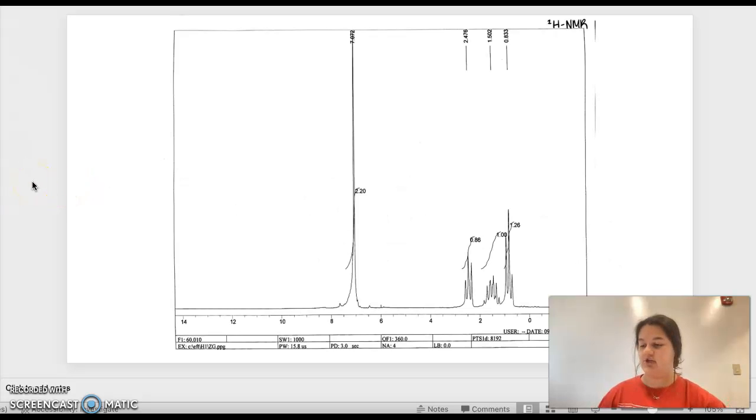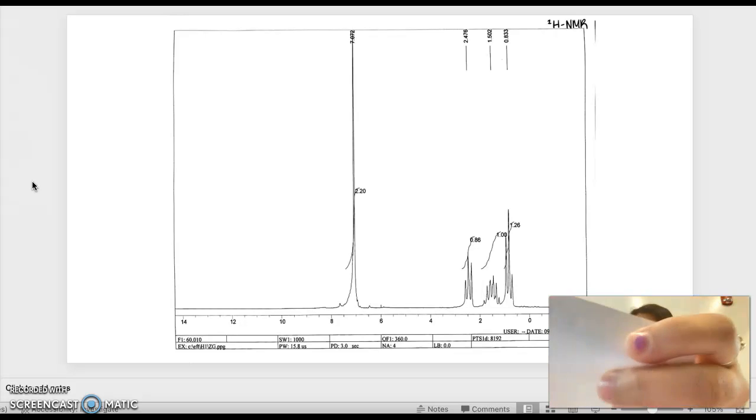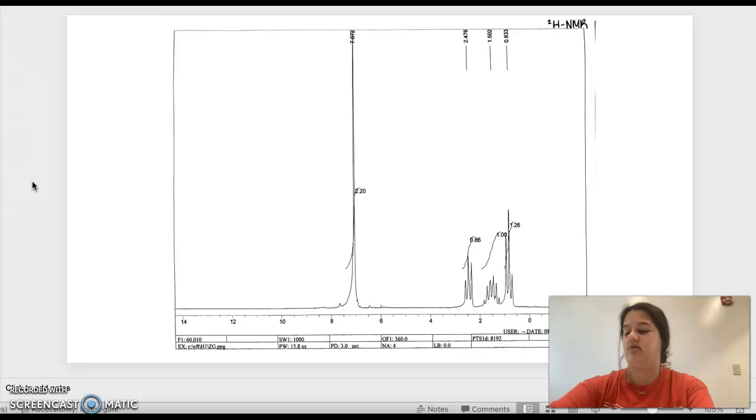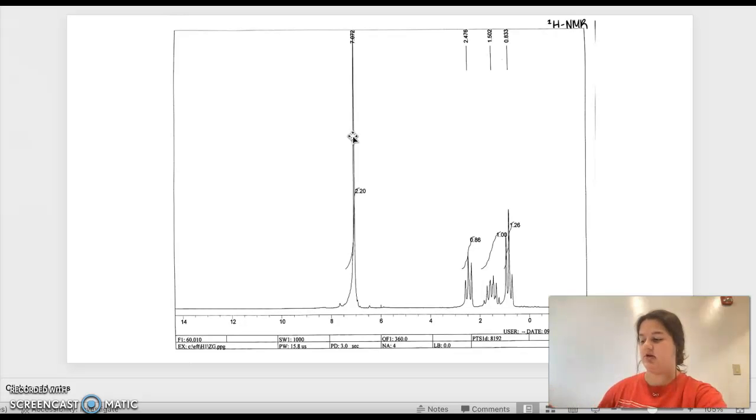Then for my HNMR, the procedure was a little more complicated than the IR.